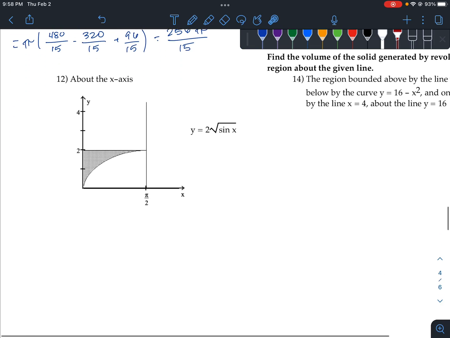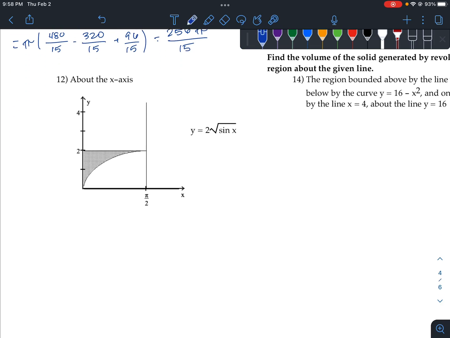Okay, let's try 12. So about the x-axis, same type of problem. Find the volume of the shaded region when it's revolved about the x-axis. So in this case, we're revolving this about the x-axis. Whenever I do that, I have this region right here, and then I'll have a hollowed out region of that right there.